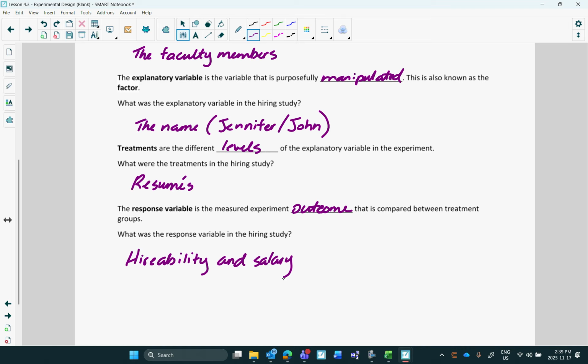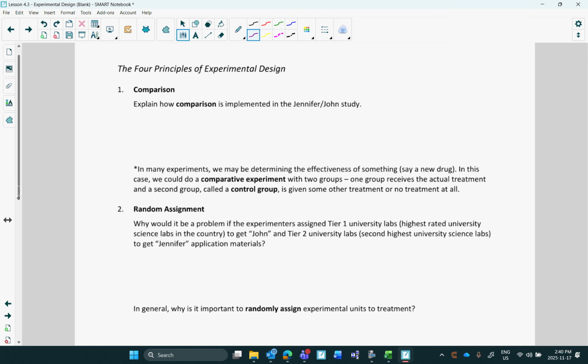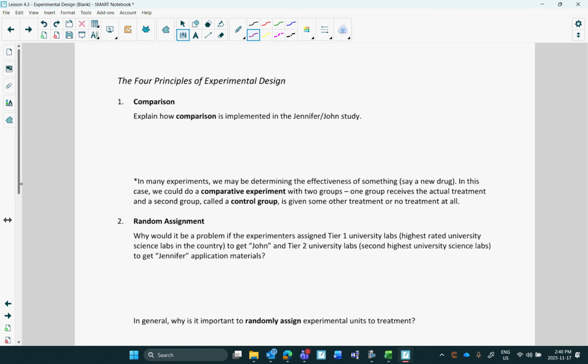Now, when we actually do an experiment, there are 4 main components that lead to a really good experiment in which we can say with confidence that something causes something else. And these are the 4 components. First of all, comparison.